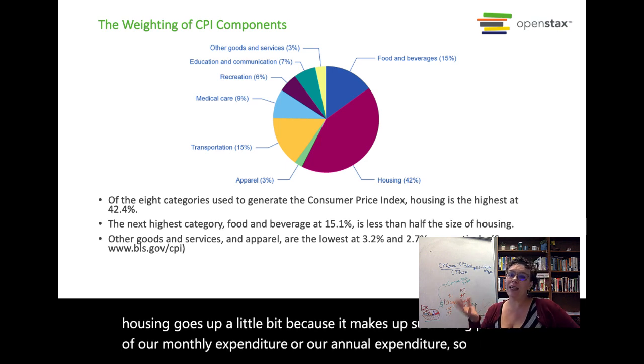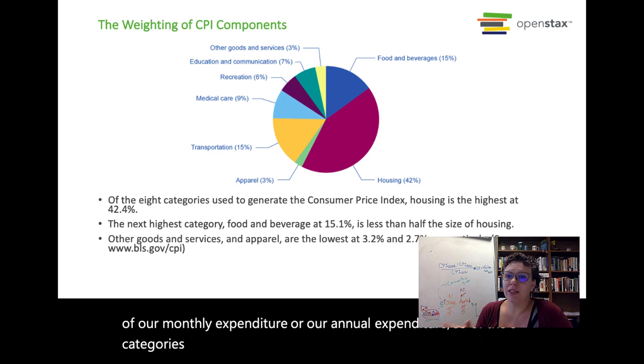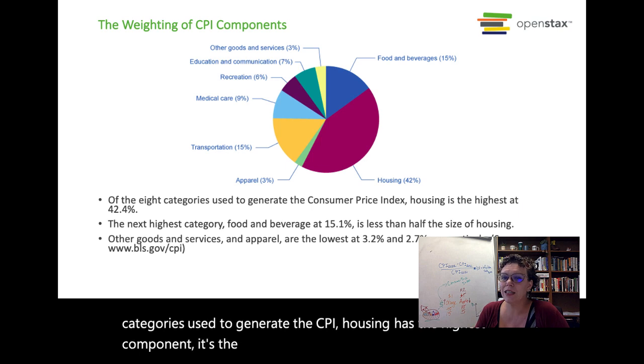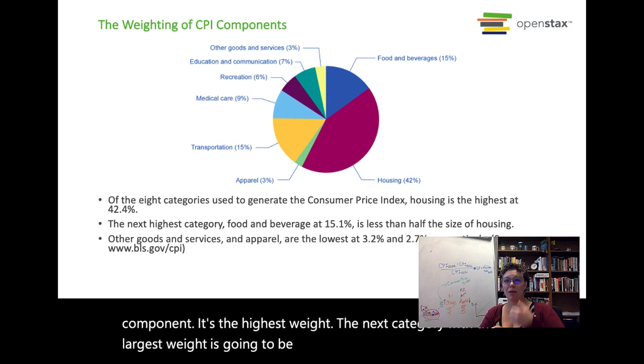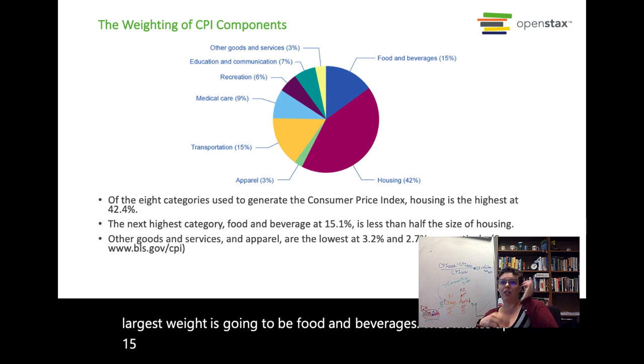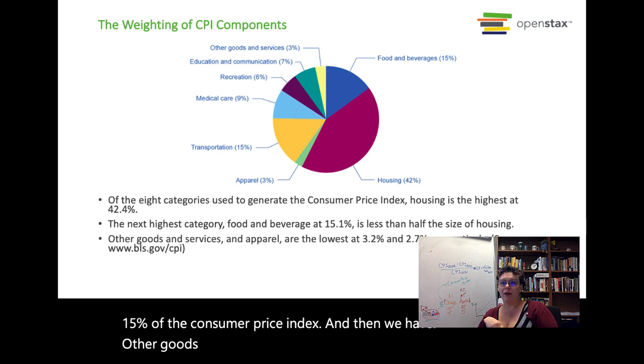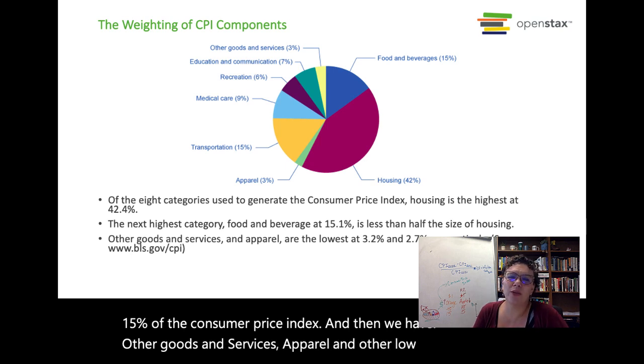So of the 8 categories used to generate the CPI, housing has the highest component. It's the highest weight. The next category with the largest weight is going to be food and beverages. That makes up 15% of the consumer price index. And then we have other goods and services, apparel, and other low one is recreation.